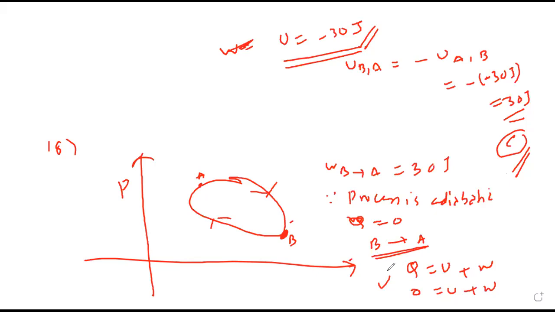What Ashlesha said is that work is done on the gas, they have given from B to A. So it is minus. Yeah, you are right, Ashlesha. Only for this part they have given, not the complete part. So B to A is minus 30, that means the other will be plus 30. Absolutely right. So the second one is the opposite. Minus 30, P is correct. You all were right, I am wrong, because on the gas they have given.